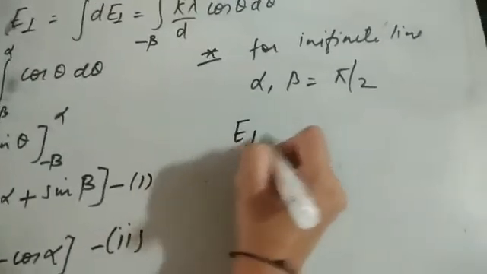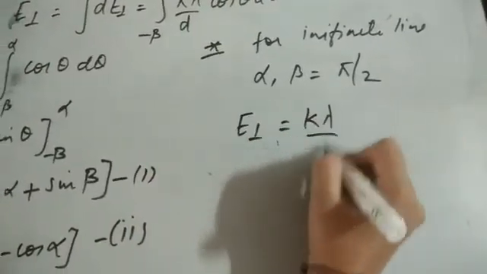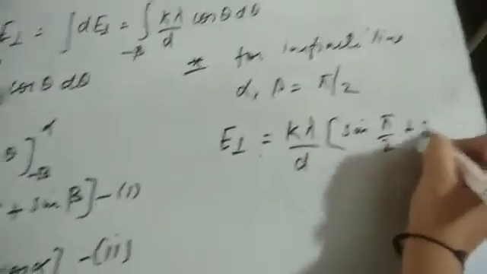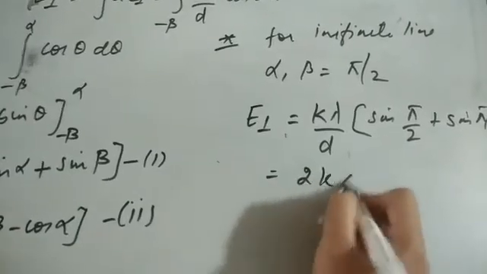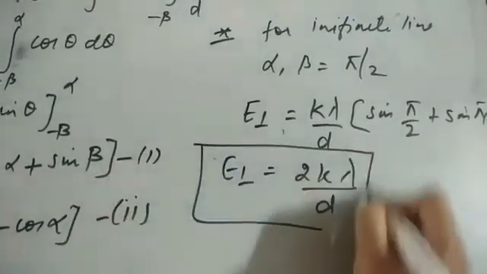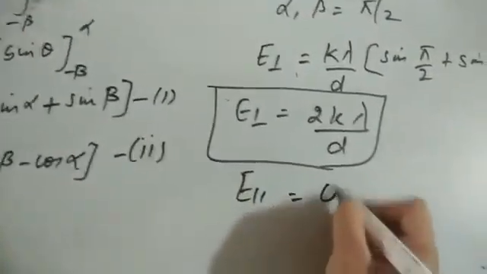So the E perpendicular component would be k lambda upon d, sine of pi by 2 plus sine of pi by 2, that is 2k lambda upon d. This is what we get in Gauss law also. And here if we substitute, E parallel would come out to be 0.